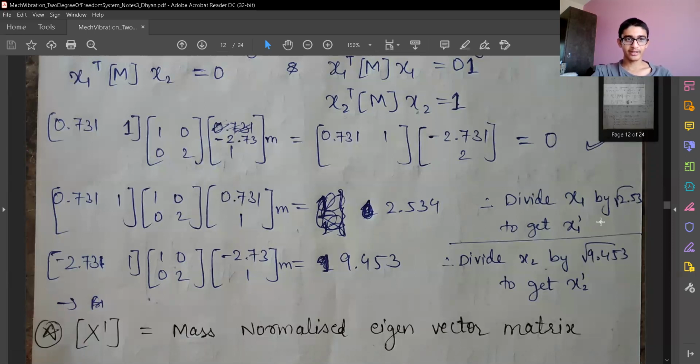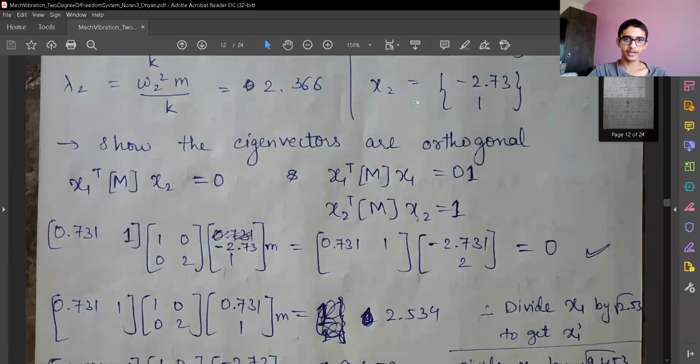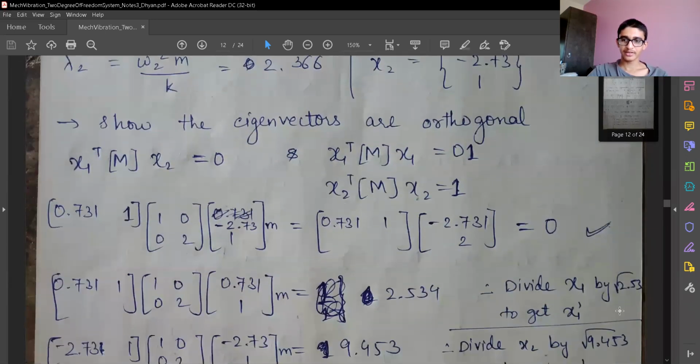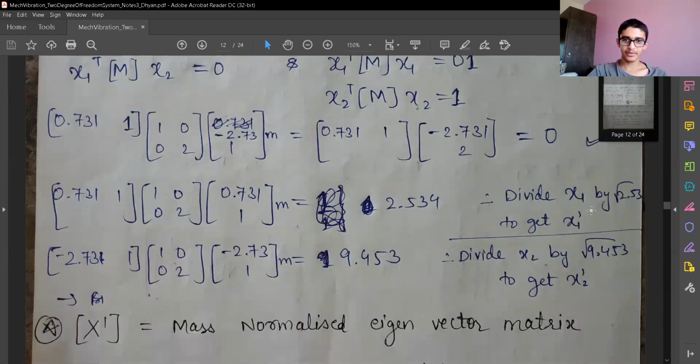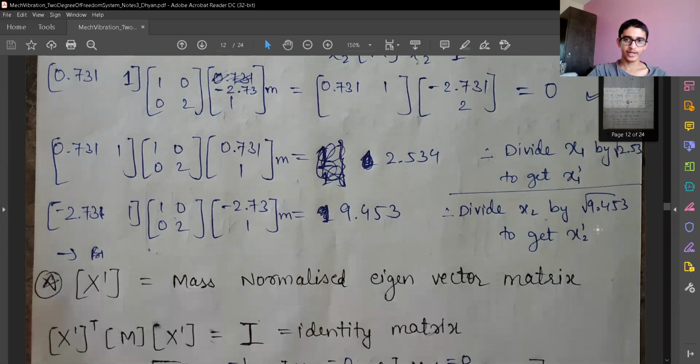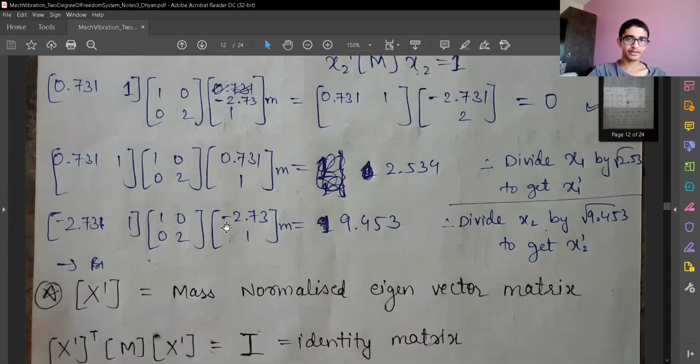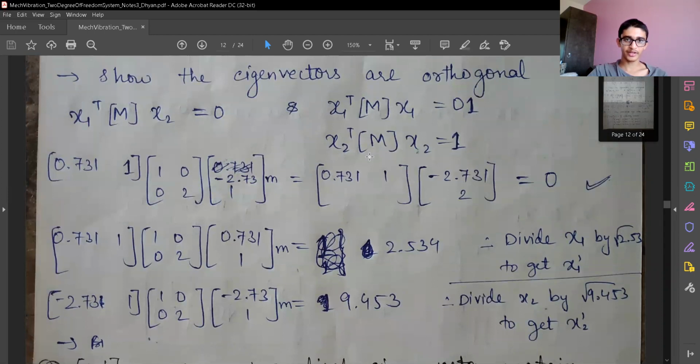So to get the eigenvectors which are mass normalized, we need to divide x1, which is given, by square root of 2.53, and we need to divide x2 by square root of 9.453 to get mass normalized eigenvectors.